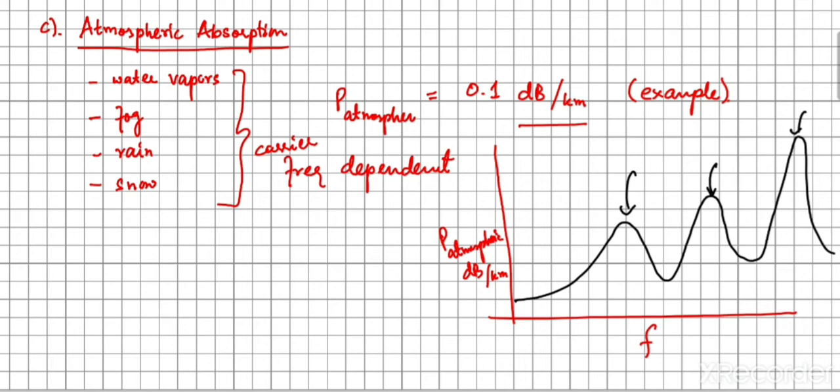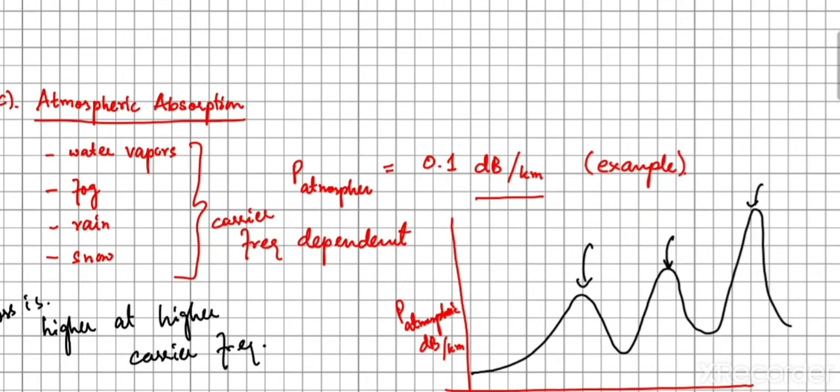This absorption occurs due to water vapors, fog, rain, or snow, and the loss is, generally speaking, higher at higher carrier frequencies. So this is the main theme.